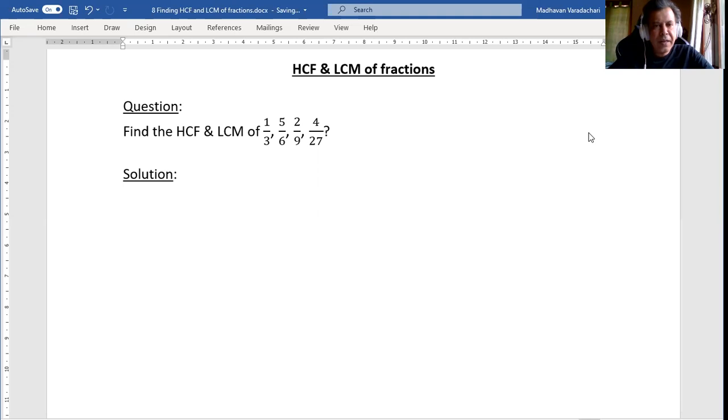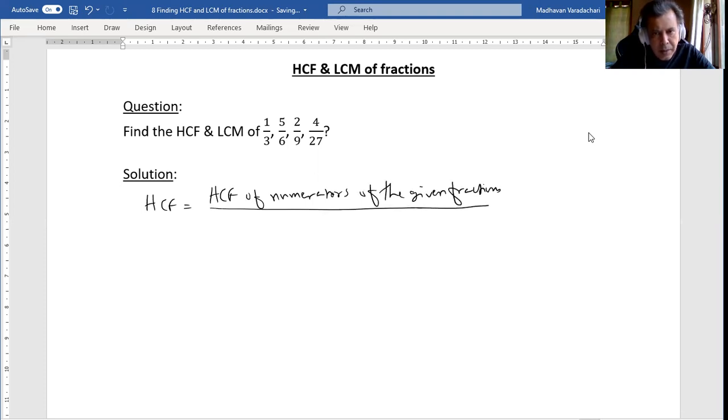In this video, we'll see how do we find HCF and LCM of fractions. HCF can be found out as HCF of numerators of the given fractions divided by LCM of denominators of the given fractions.